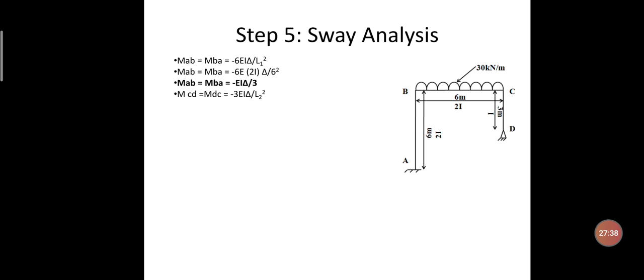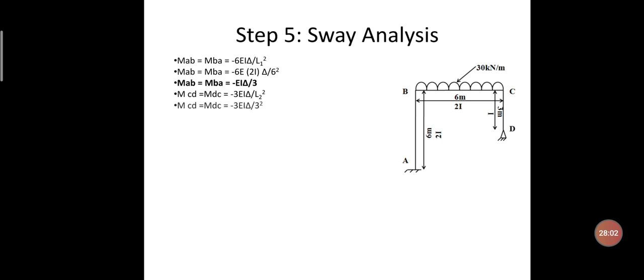Similarly, I need to calculate the sway moments at CD and DC. Since D is the hinged end, it is equal to 3 EI delta divided by L square. Whenever both supports are fixed, it is equal to 6 EI delta divided by L square. Whenever one end is hinged and one end is fixed, it is equal to 3 EI delta divided by L square.